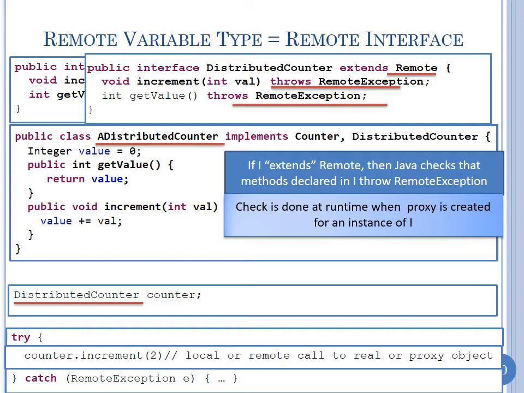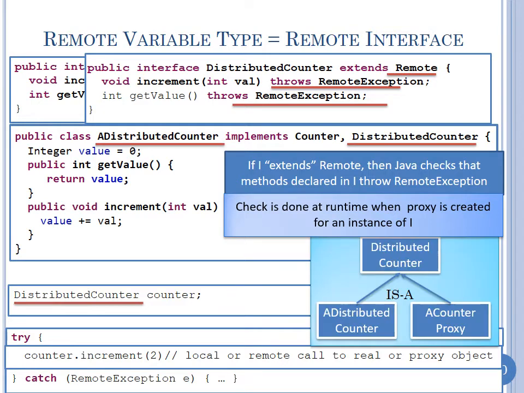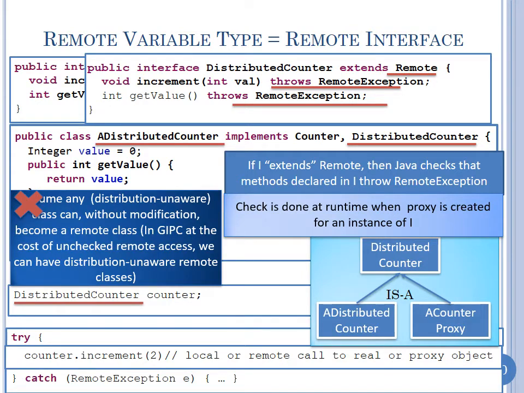Okay, so we've got this relationship, and we have this picture that I was talking about, that my remote class, a distributed counter, is a distributed counter, the interface used to type the counter variable, and Java will make sure that a counter proxy also implements a distributed counter. Okay, so we have satisfied the property we were looking for. Okay, so this works. This is exactly what you will do, except that we've lost a property that we wanted.